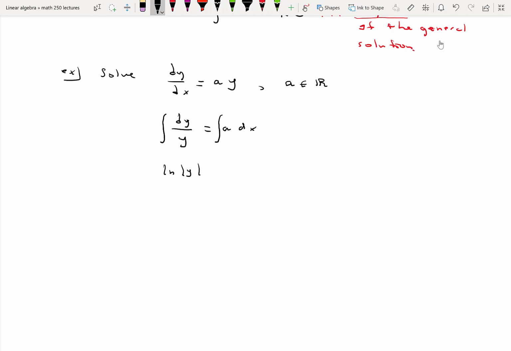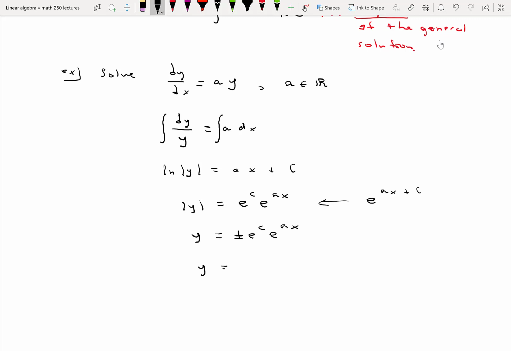So we get the natural log of the absolute value of y equals ax plus a constant. Solution goes very much the way it did before. Exponentiate, so we get e to the c, e to the ax. That's like a simplified version of e to the ax plus c. So y equals plus or minus e to the c, e to the ax.